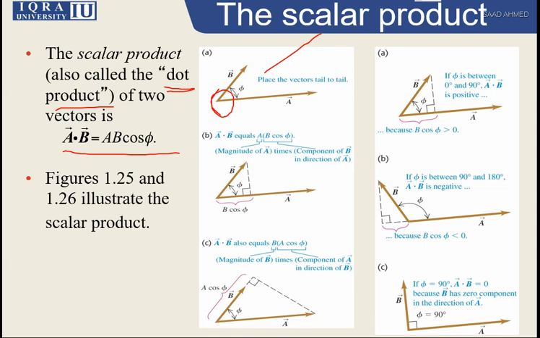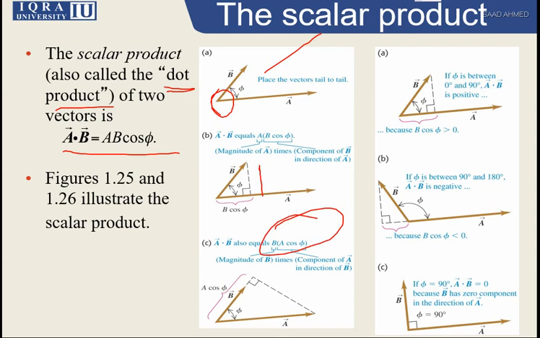Then you find the magnitude of A times the component of B in the direction of A. This is B cos theta. Then A dot B also equals B times A cos theta.